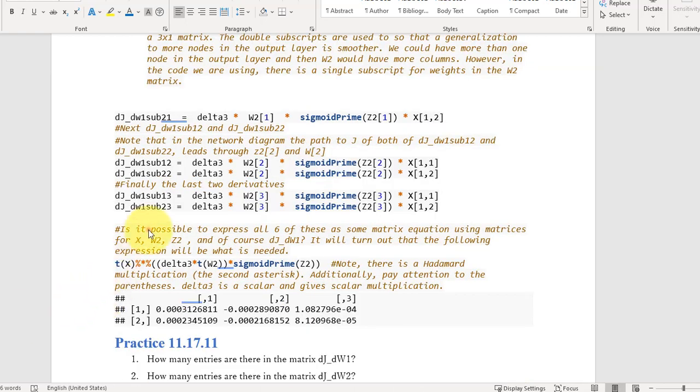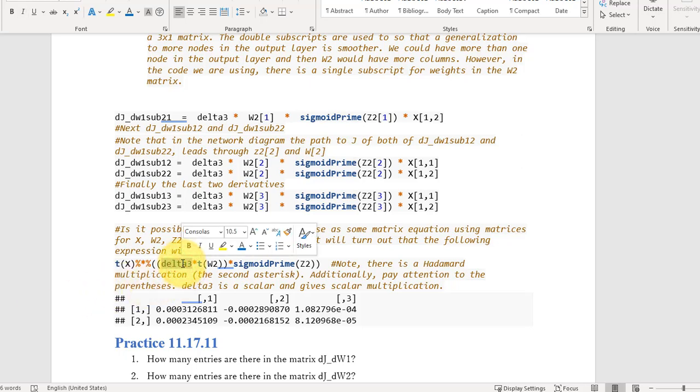Then we note that it's possible to express all 6 of these as some matrix equation using matrices for X, W2 weights, Z2, and of course this. It will turn out that the following expression will be what is needed. So we take the transpose of X and matrix multiply it. Now notice here that this is a constant.